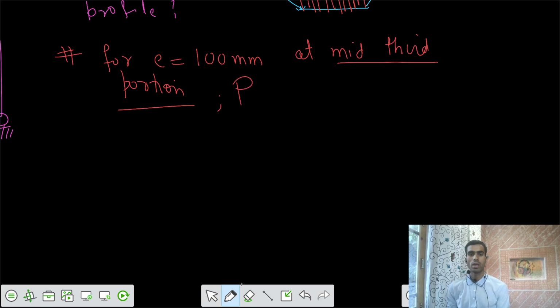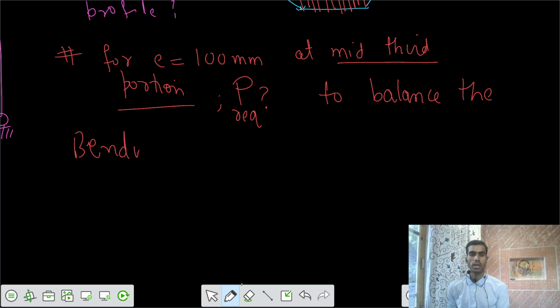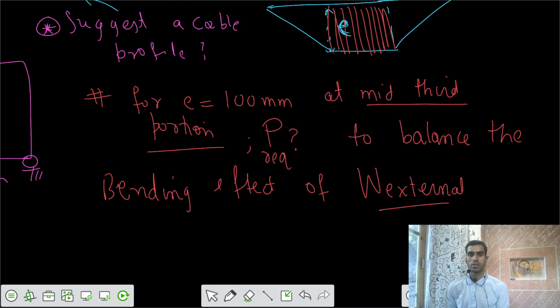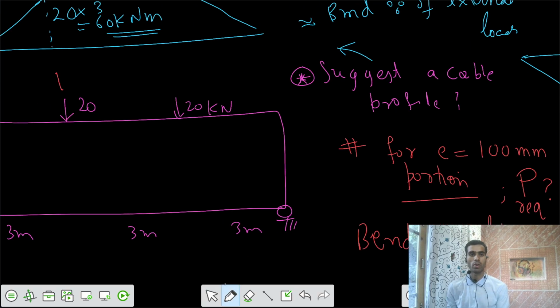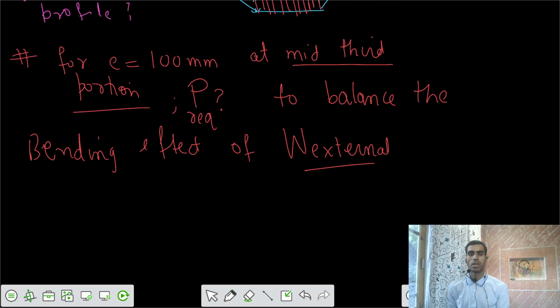What is the prestress force P required to balance the bending effect of the external loads, that is W? Because of these external loads, we have to balance their effect.